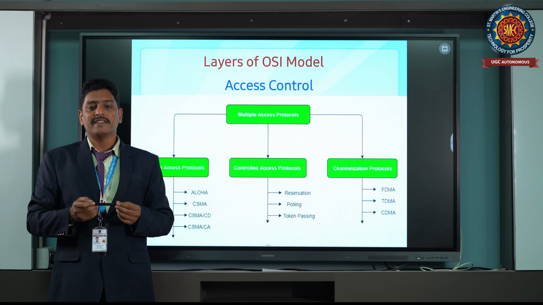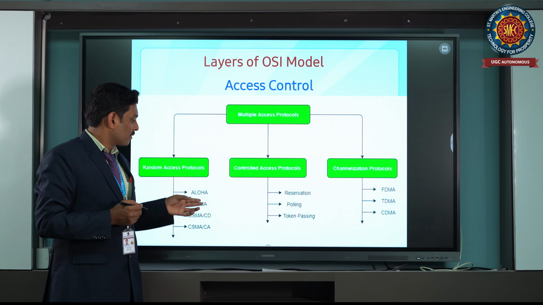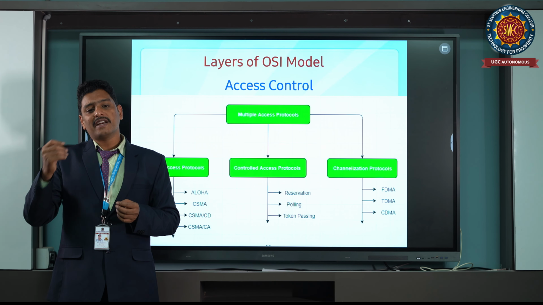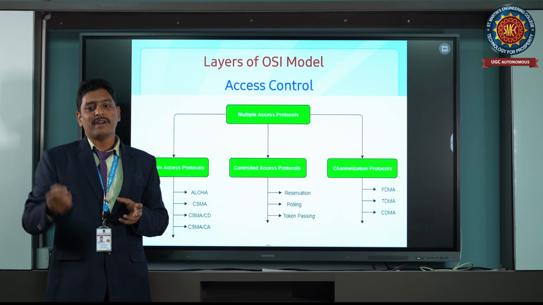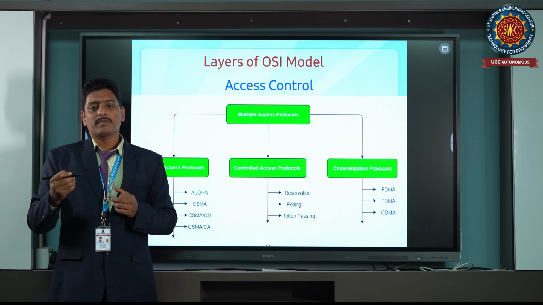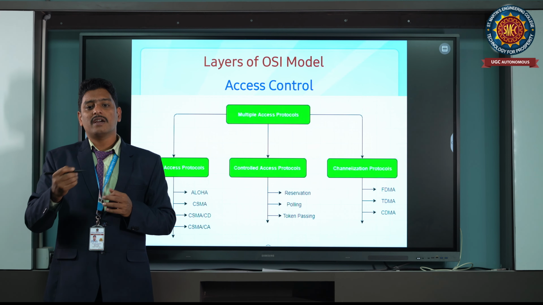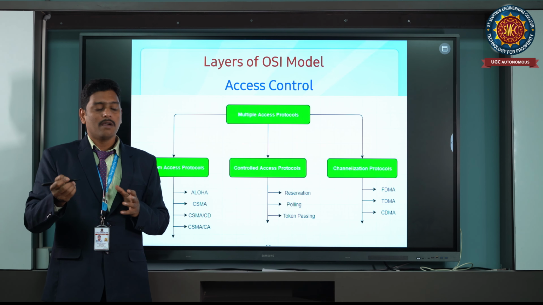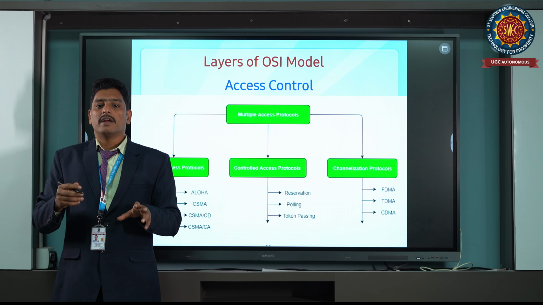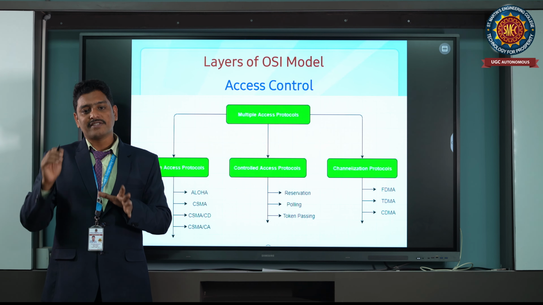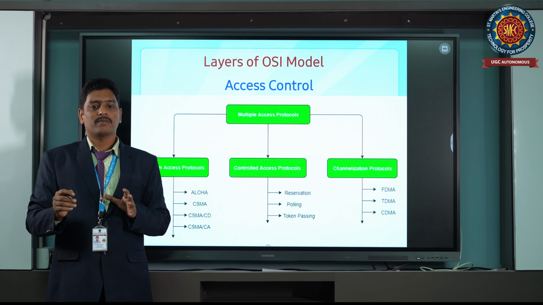In 1-persistent, before sending the data, the sender has to listen to the media. If the media is free, the sender is allowed to send the data. If not free, it continuously senses the channel until the channel becomes free.